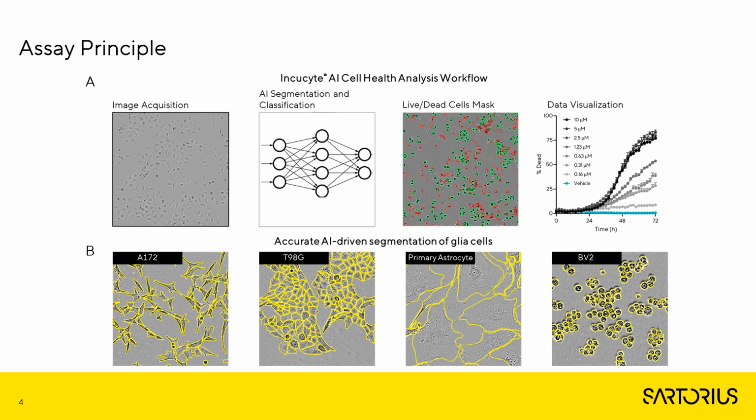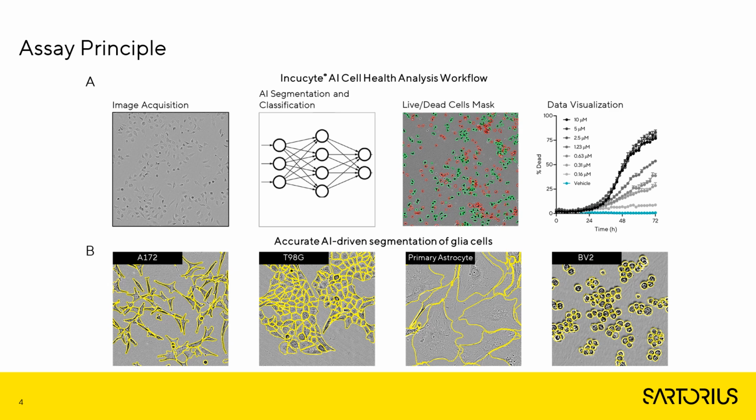After we've acquired phase contrast images using the InKSight, the images are processed automatically using two AI models. One will segment the individual cells, and then the other model will classify them as live or dead. You can see some examples of how that is outputted in the image here.